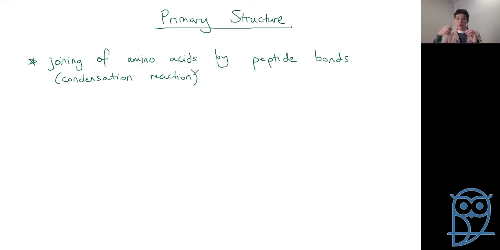We're just joining them one to one to one all the way along. But what's important is 2 things. Important features: which amino acids are incorporated, so the particular amino acid, and the sequence of amino acids.